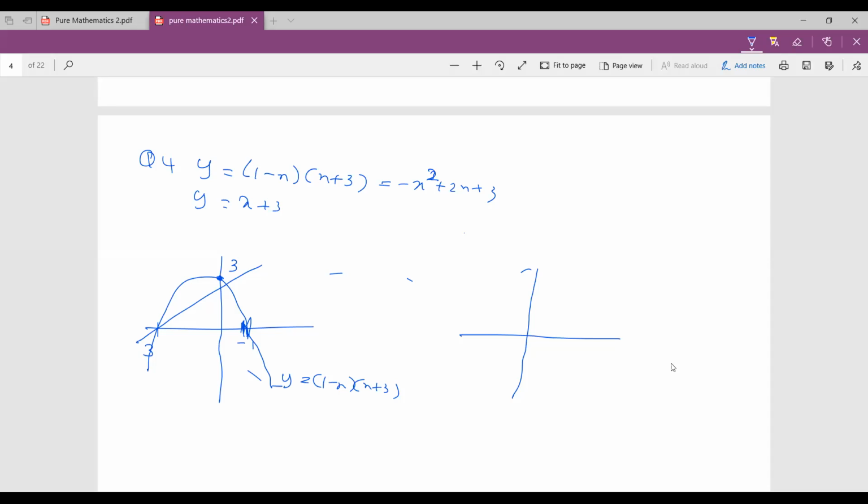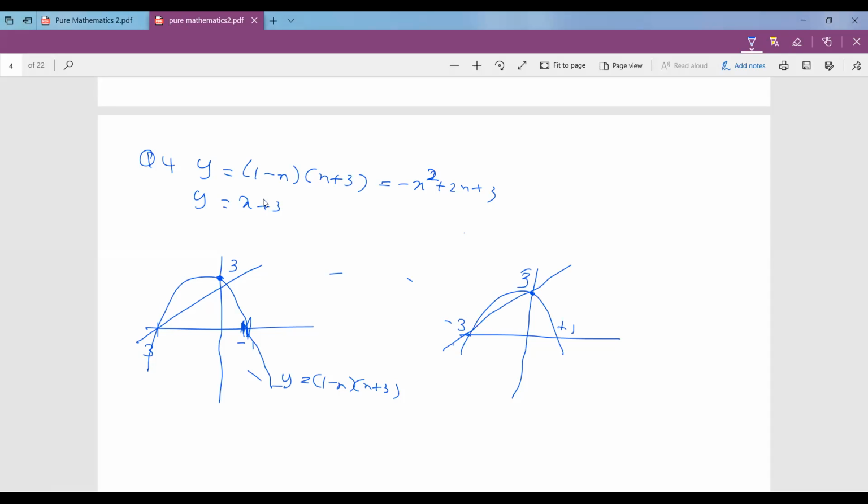If you draw this graph perfectly, you can understand this curve travels from minus 3 to plus 1, and here the y coordinate also turns up to 3. So the straight line goes through this point, and it travels perfectly through this three.